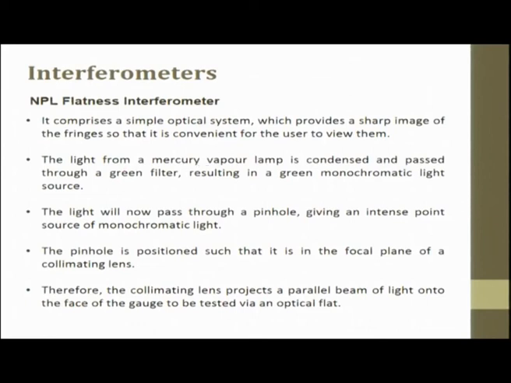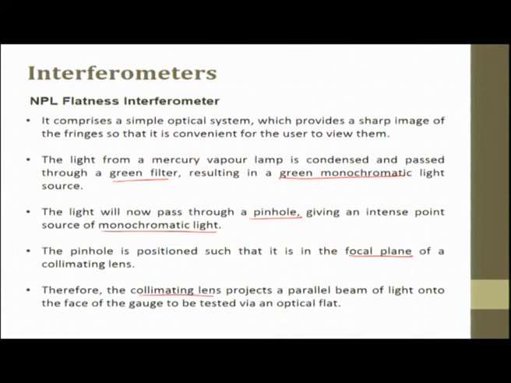The light from the mercury lamp is condensed and passed through a green filter, resulting in a green monochromatic light source. The light then passes through a pinhole, giving an intense point source of monochromatic light. The pinhole is positioned in the focal plane of the collimating lens.